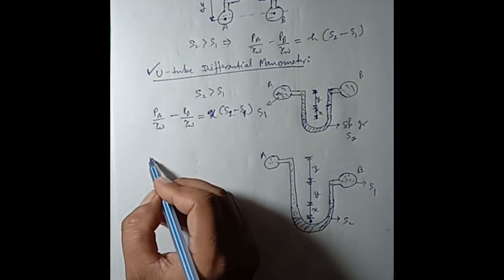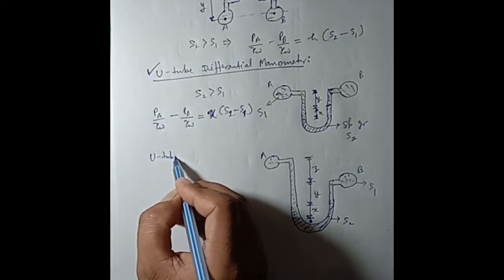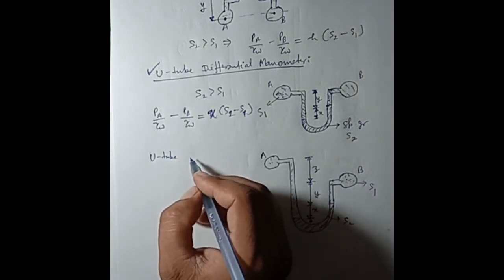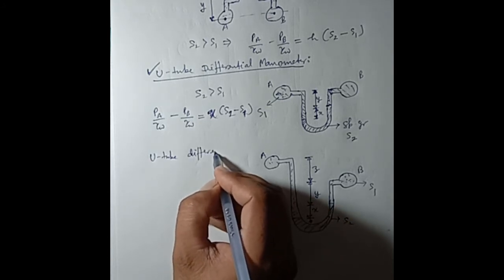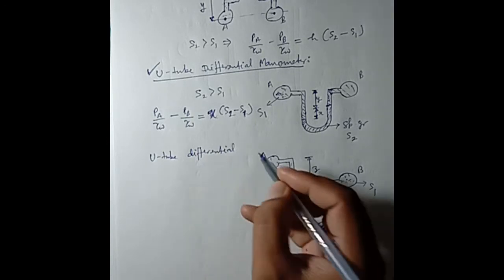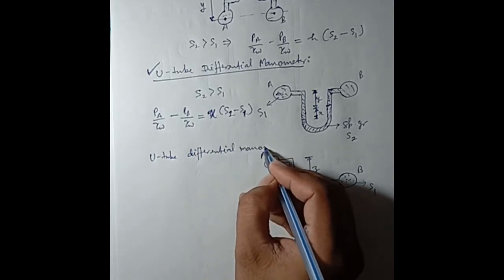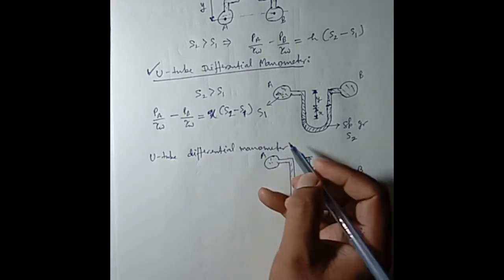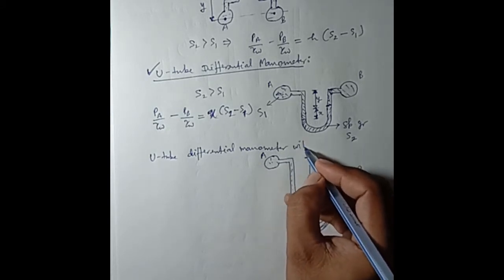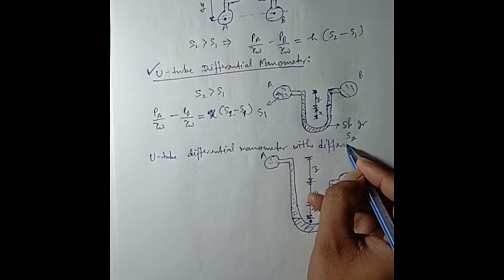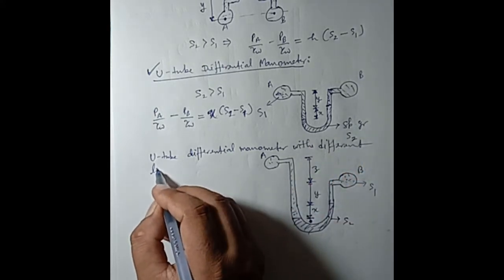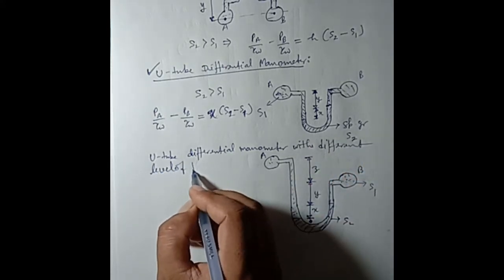This is the U-tube differential manometer with different levels of the limb.